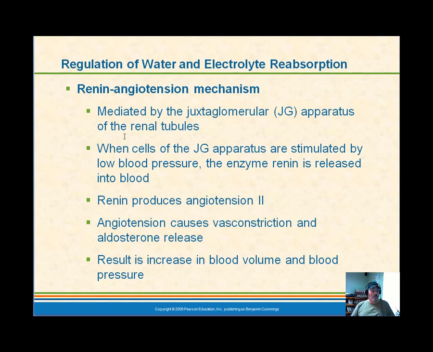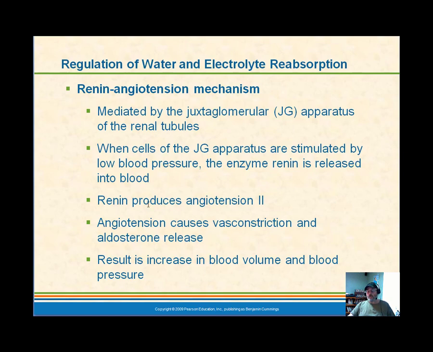There is also a mechanism called the renin-angiotensin mechanism. And there is a structure called the juxtaglomerular apparatus of renal tubules. Basically, it is a sensor at the end of the distal convoluted tubule. And when it is stimulated by low blood pressure, the enzyme renin is released into the blood.